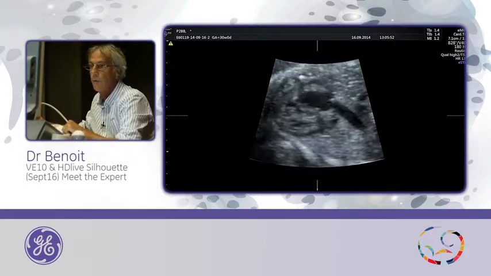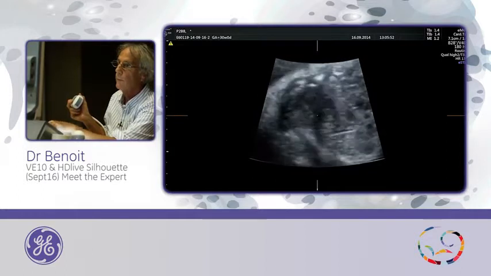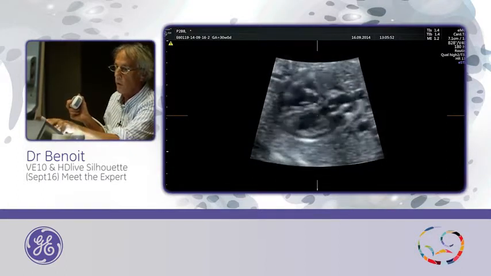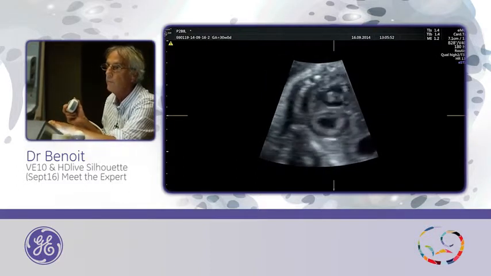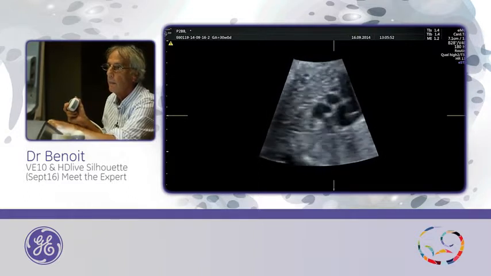So now it's no more real time. This is a STIC, and inside this STIC we can move. I will sweep. If I go to the B mode, it is excellent.